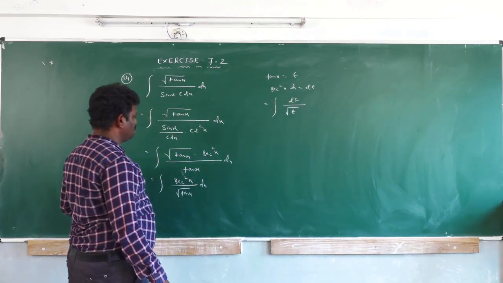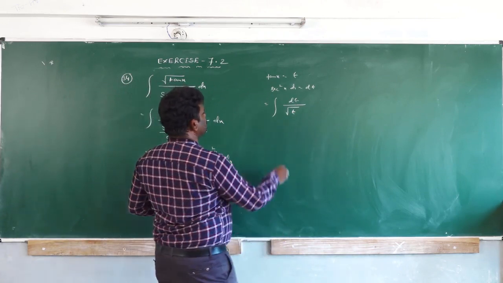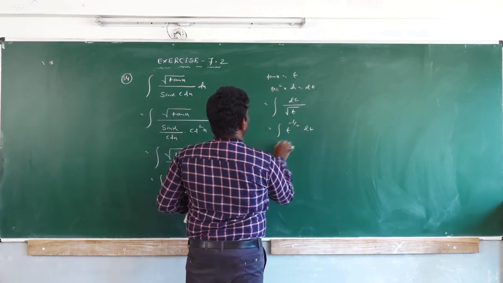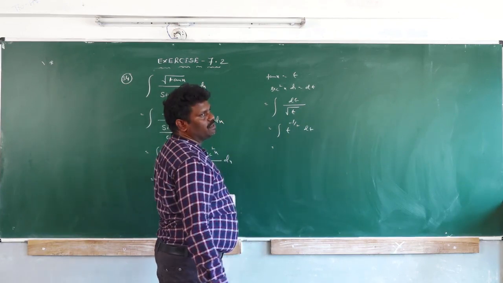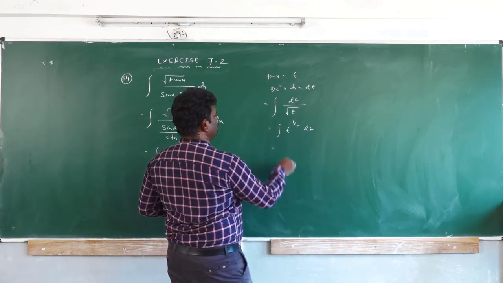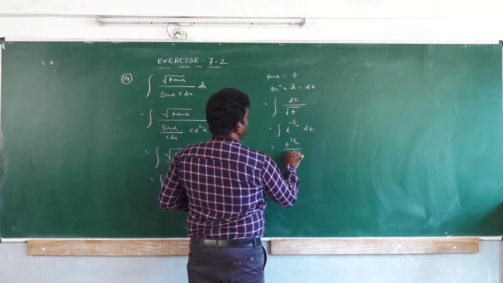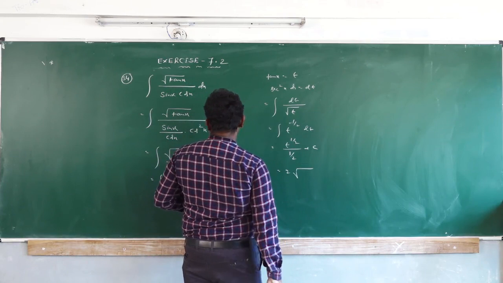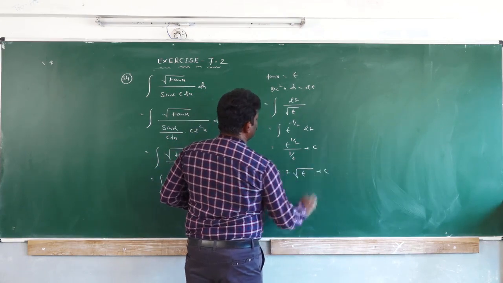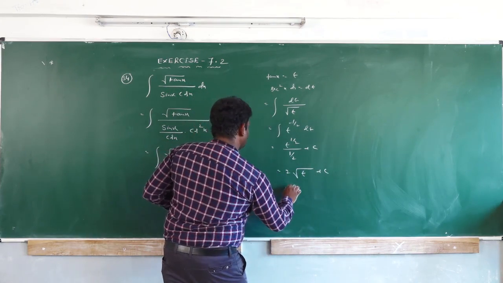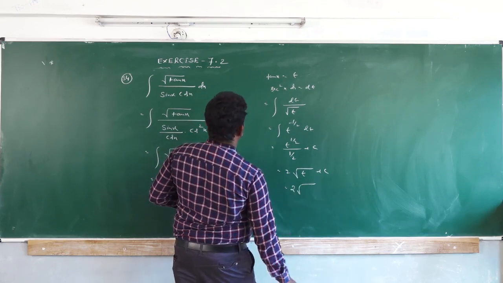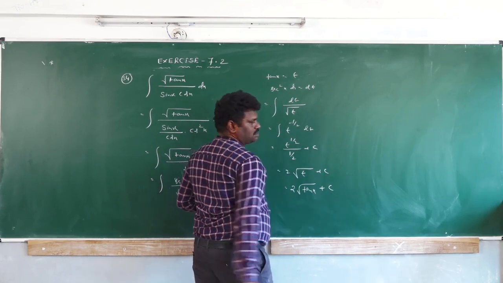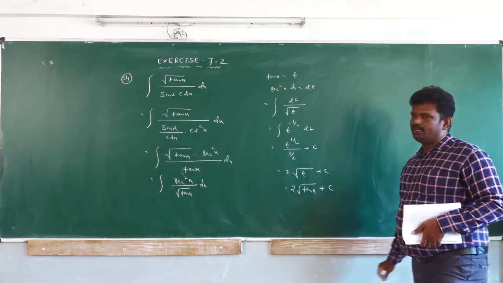Then this is the integral of t power minus 1 by 2 dt, which is t power minus 1 by 2 plus 1, t power 1 by 2, divided by 1 by 2, plus c. That is equal to 2 into root of t plus c, which is 2 into root of tan x plus c. Okay?